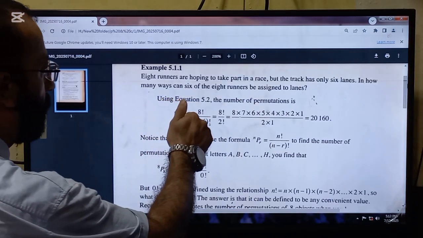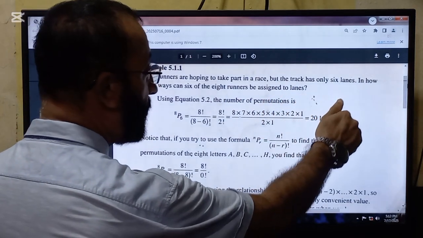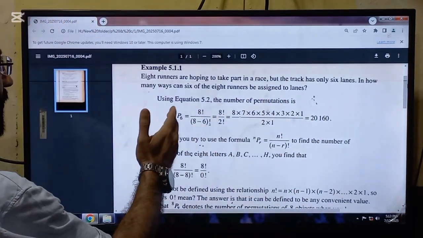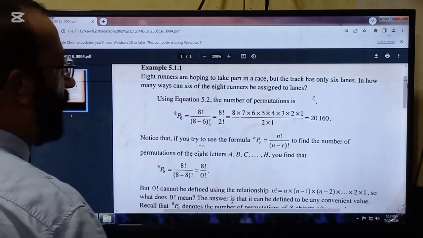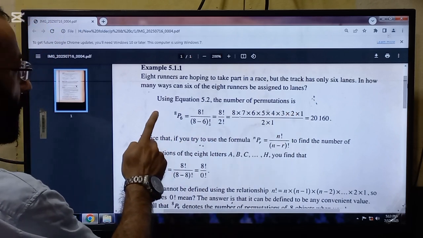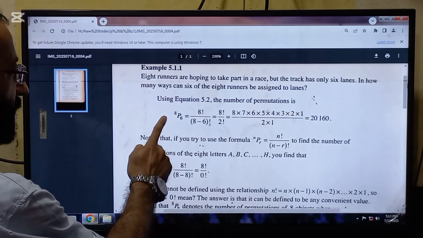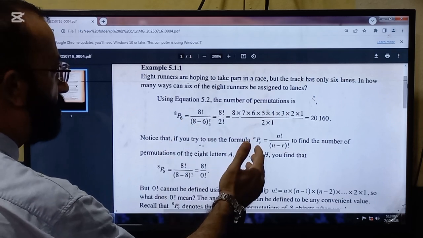Here is another question. Eight runners are hoping to take part in a race, but the track has only 6 lanes. In how many ways can 6 of the 8 runners be assigned to lanes? The number of permutations is 8P6, because 8 is the total number of runners and 6 are to be chosen.